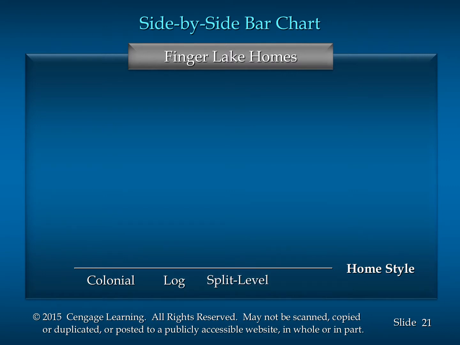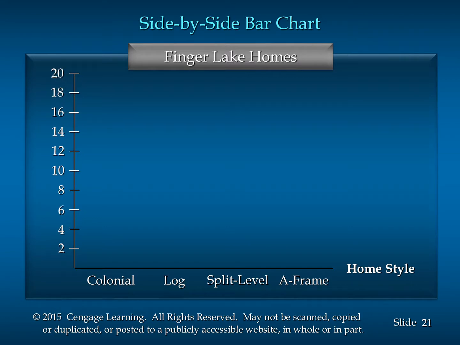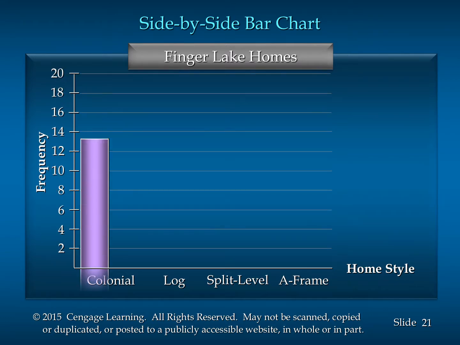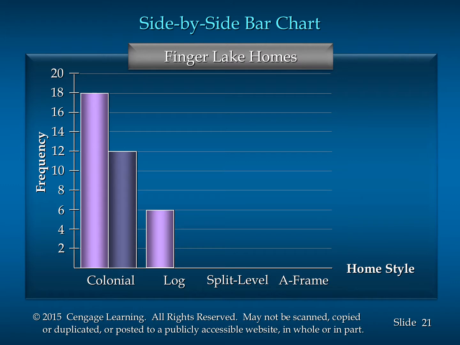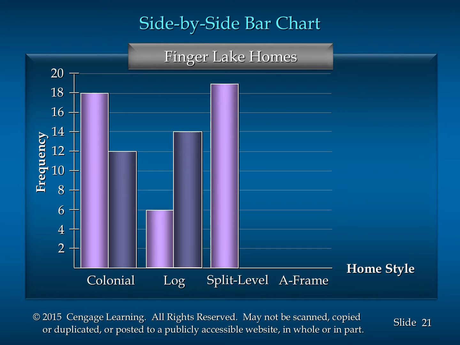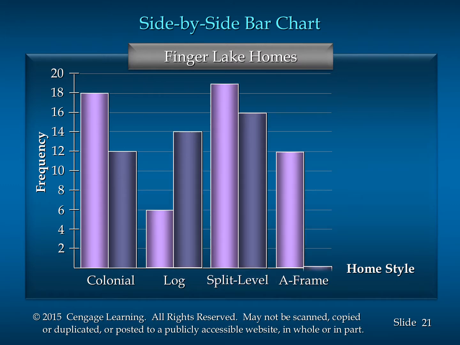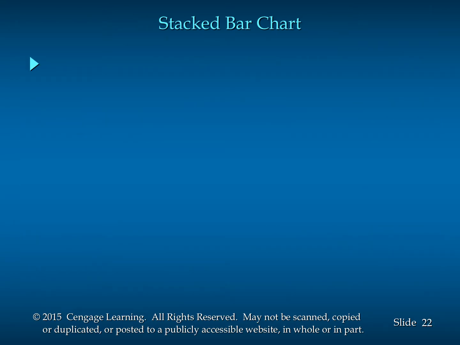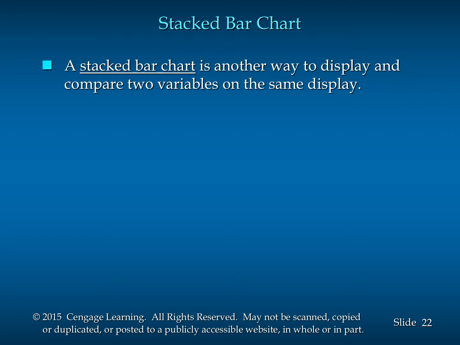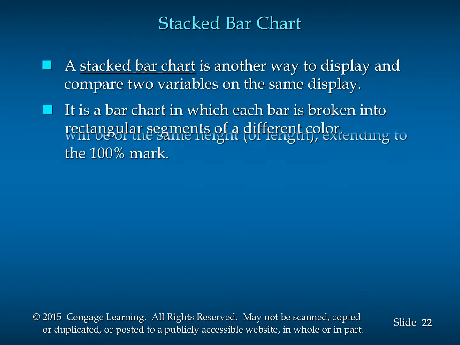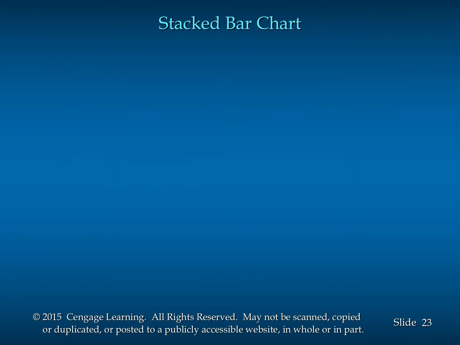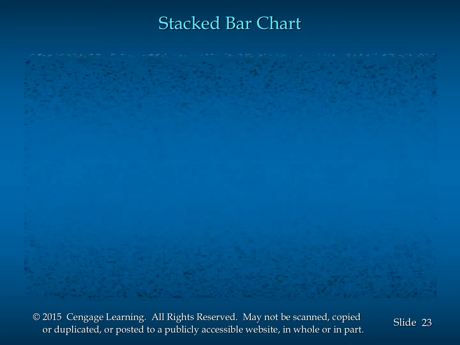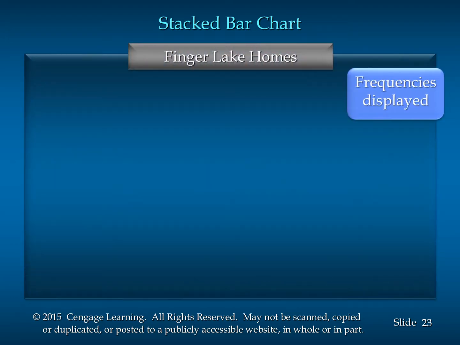And as you can see here, under the colonial homes, the tall bar on the left is the frequency of homes under $250,000, and just next to it, the frequency of homes greater than $250,000. The stacked bar chart is another way to display the same data, where on one bar we stack up the 2 different frequencies for the same variable.